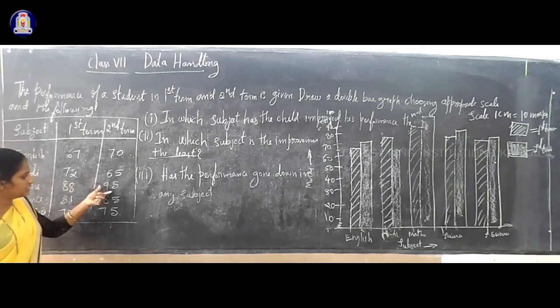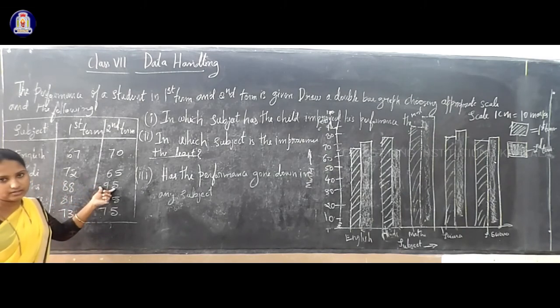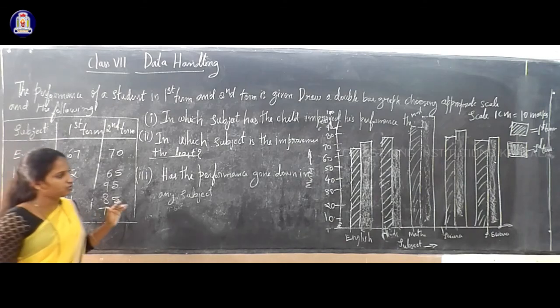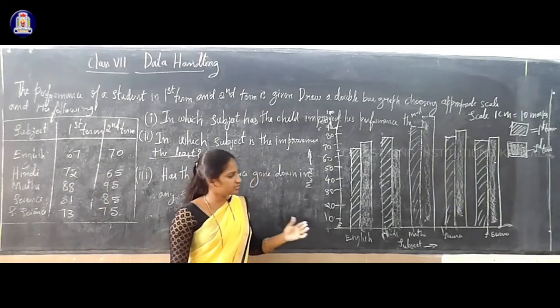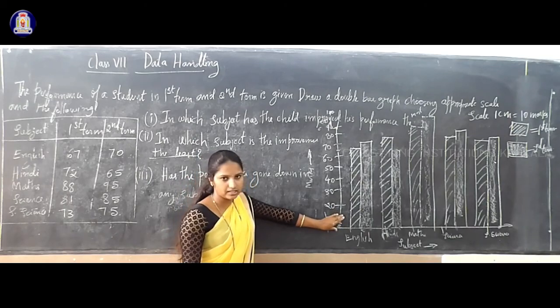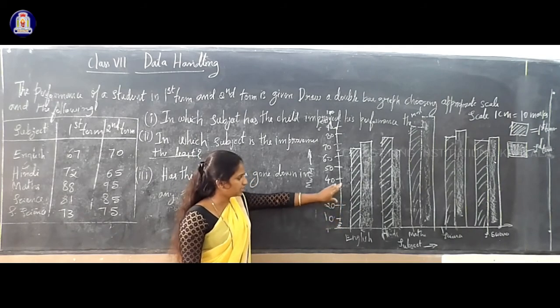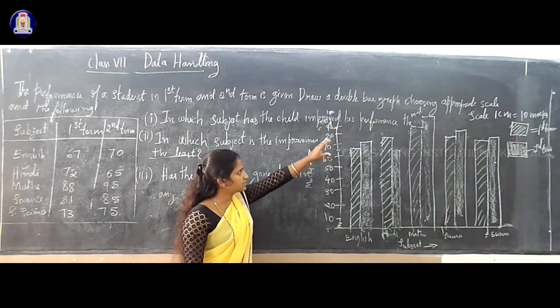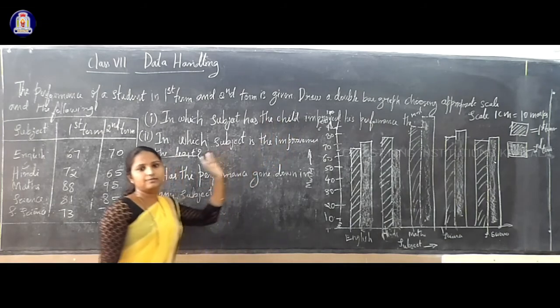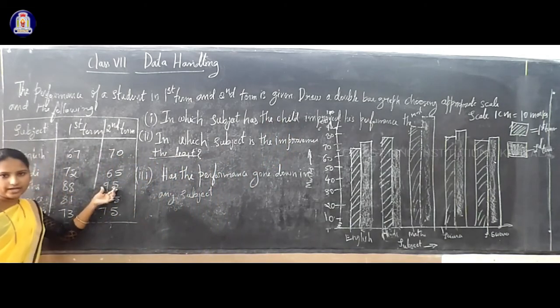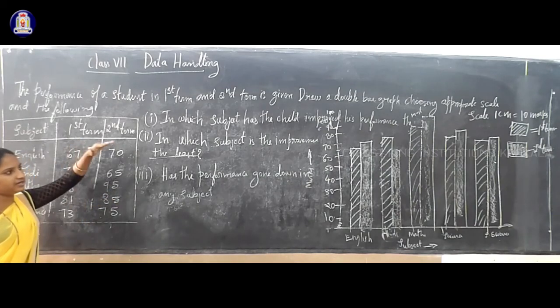Next, largest number or maximum number, that is 95. So now you can write the scale. Scale means 1 centimeter is 10 marks. Each 10 marks. Clear? 10, 20, 30, 40, 50, 60, up to 90, 100. Last 100, because maximum number here is 95. So you have to write up to 100. If it is 100 maximum, you can write 120 level.